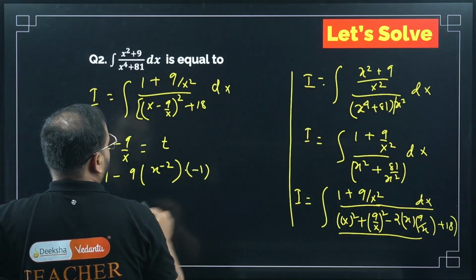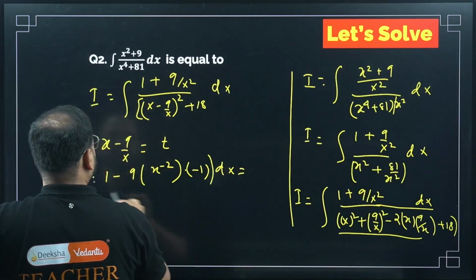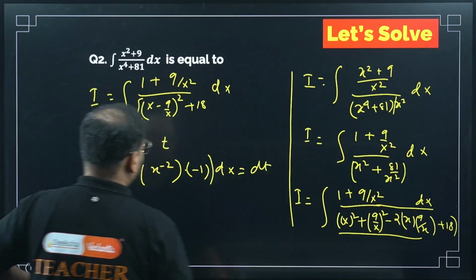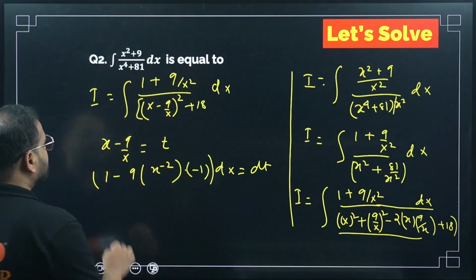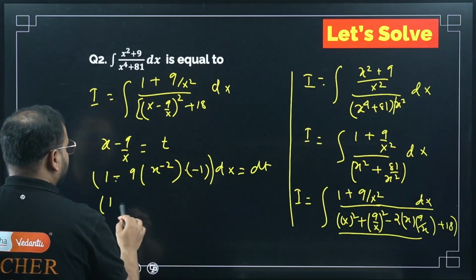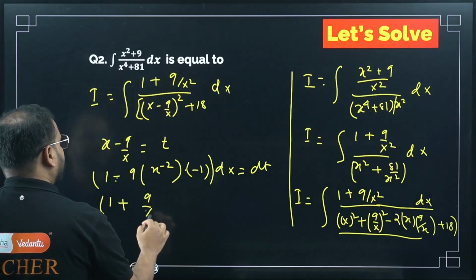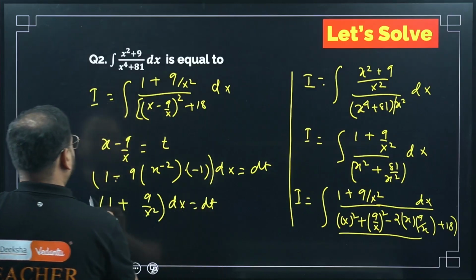Minus 1. With dx equals to what? Whole thing with dx equals to dt. Please have a look. So I was thinking of integration, that's why I was thinking dividing by minus 2, but it's differentiation, right? So it will become 1 minus, and this will become plus, and 9 by x square dx equals to dt. No problem there, no problem at all.